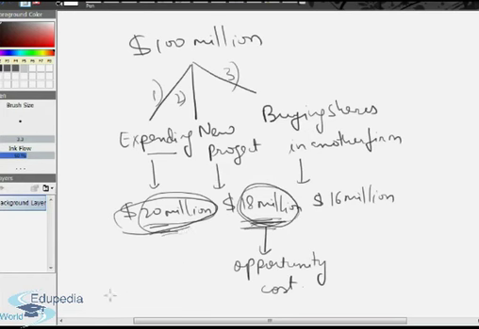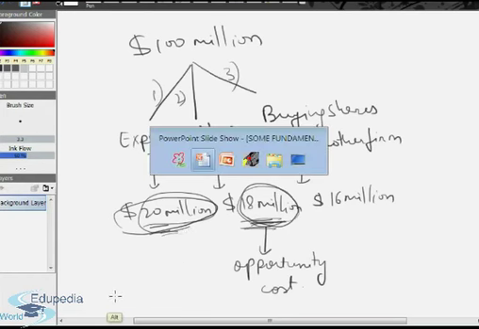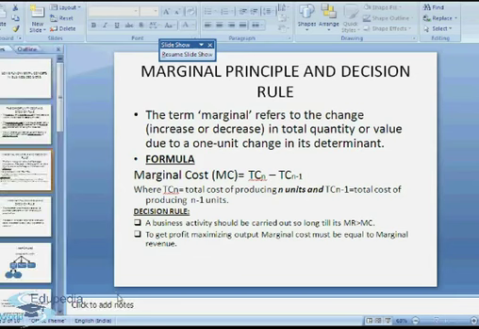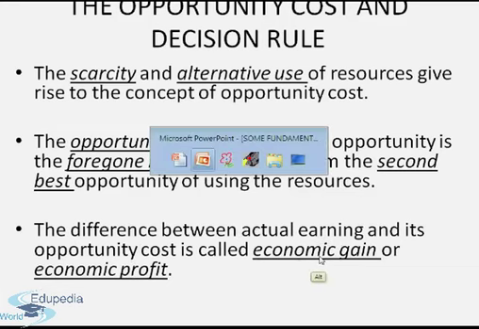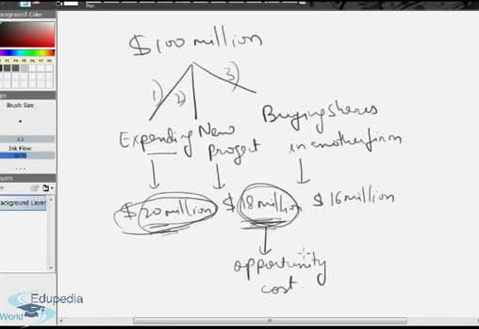Now let's understand the concept of economic profit or economic gain. See, in our example, the best alternative use of the resources was the first alternative, and the second best use was the second alternative.